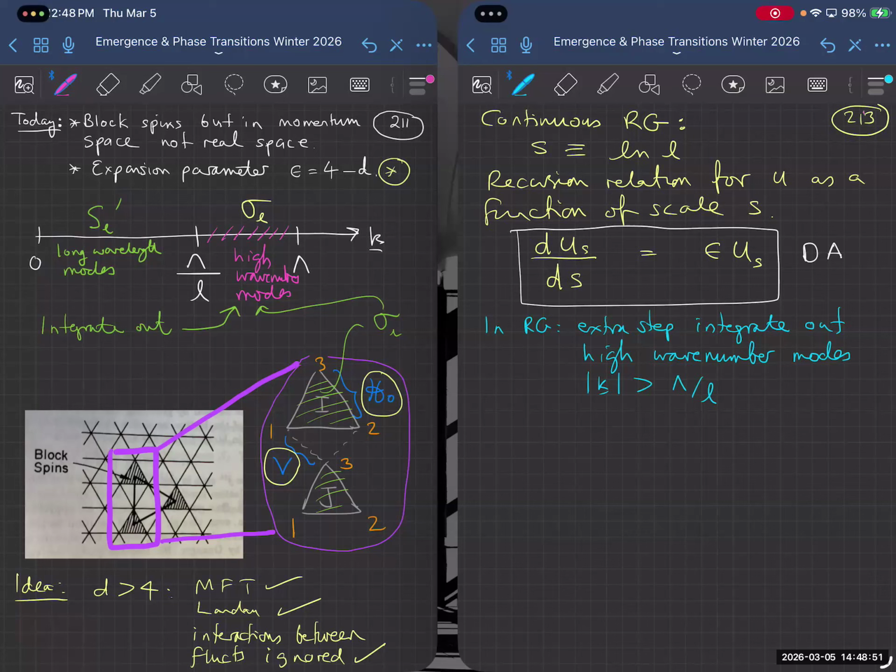And when we do that, because of the interaction between the fluctuations, that will change the recursion relation from dimensional analysis. So what do we expect to happen?